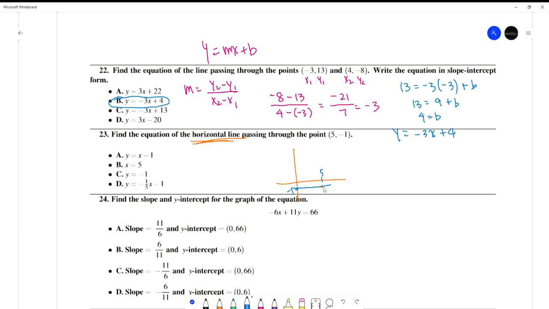As you can see, the equation of the line goes through the negative 1. That's why a horizontal line is y equals negative 1. Okay? Please don't get confused on that problem. You're going to be asked for either the horizontal line or the vertical line.